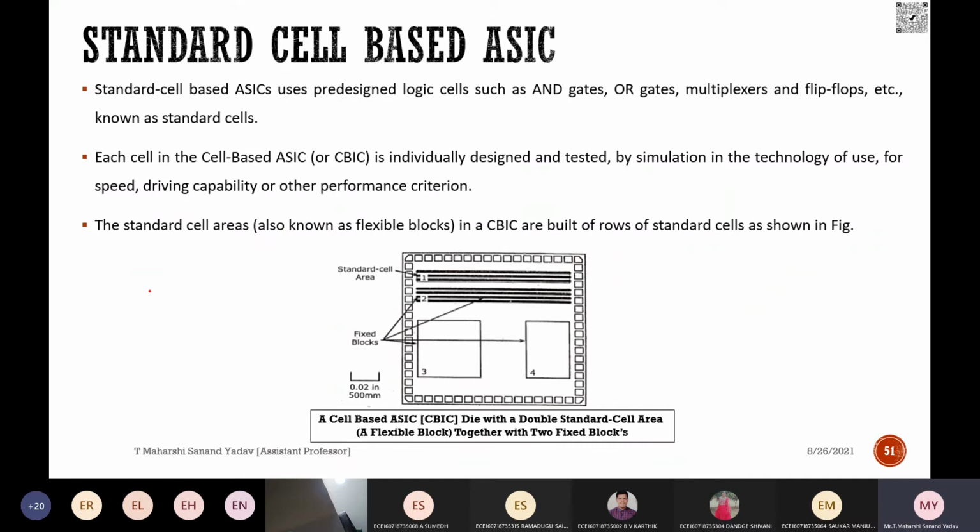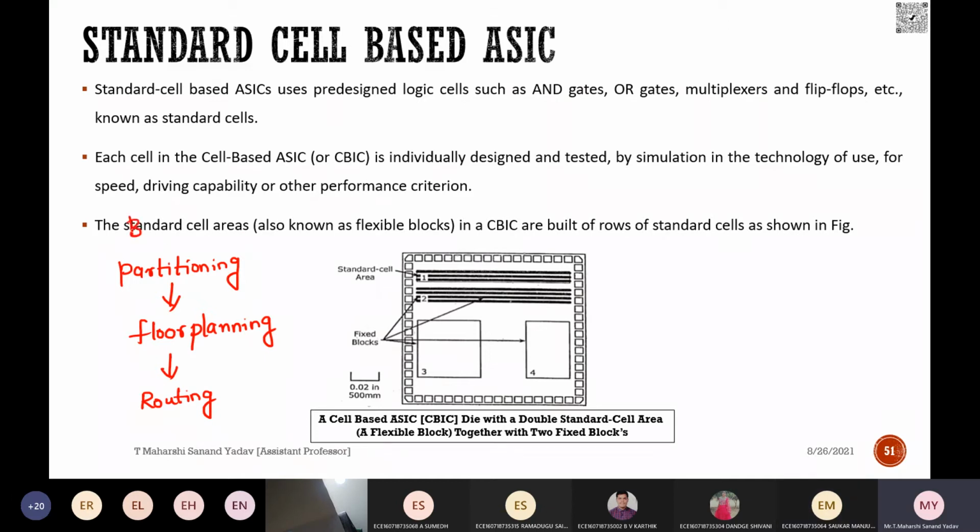In the VLSI design flow, in the first class, I told you what is partitioning, what is floor planning, what is routing. Partitioning, floor planning, and routing: will they come under front end or back end?